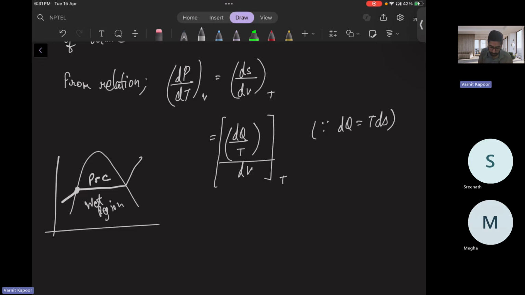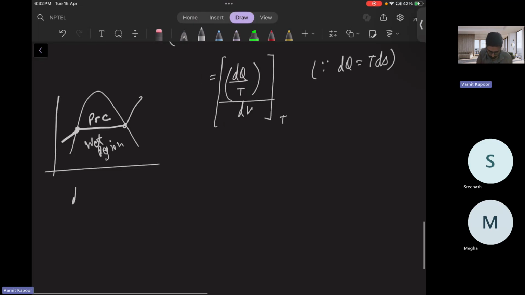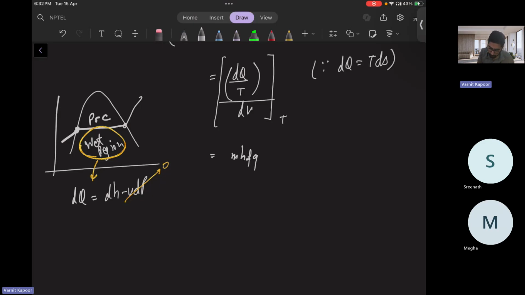It is nothing but the change of enthalpy, so dQ is dH minus VdP, and dP is 0 here. So dQ is mass into hfg. f and g are the enthalpies for saturated liquid and vapor, so hfg is hg minus hf.